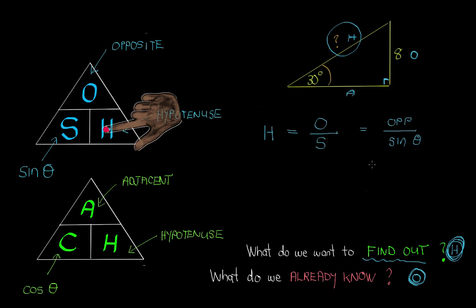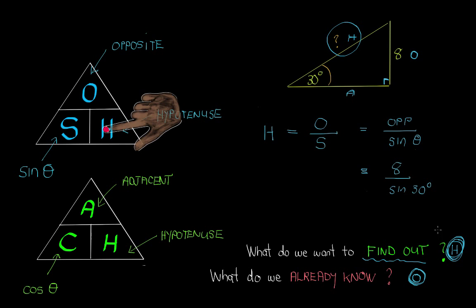Okay, now let's plug in our values. That's an equal sign, by the way. So what's the length of the opposite? Let's go to our triangle. The length of the opposite is 8. So it's going to be 8 divided by the sine of 30 degrees.